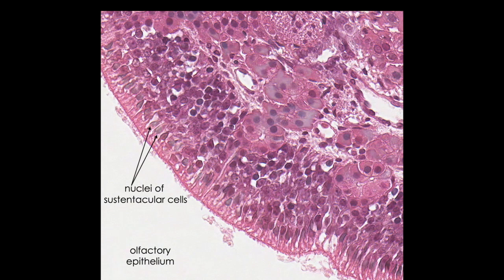Now, these cells are non-sensory cells. They have a lot of apical microvilli that you can't really see in most images, and a lot of secretory granules. So they importantly provide physical, metabolic, secretory, absorptive, phagocytic, and a whole bunch of other supports for olfactory neurons and the olfactory epithelium in general.